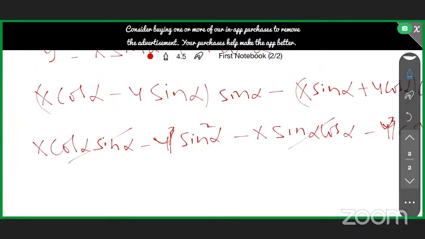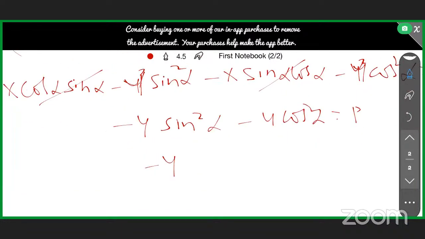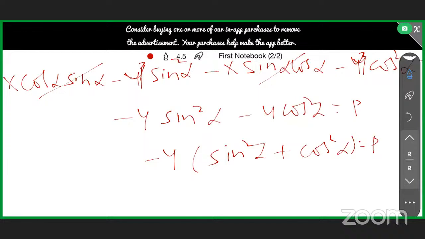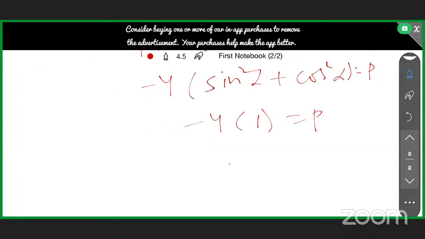I take minus y common, so sin square alpha plus cos square alpha is equal to p. That is minus y into 1 is equal to p. Therefore, p plus y is equal to 0.